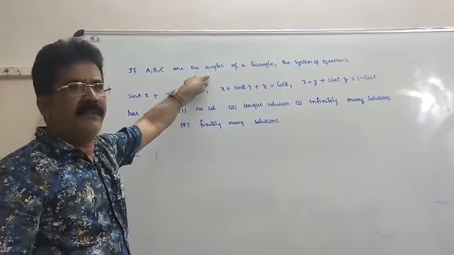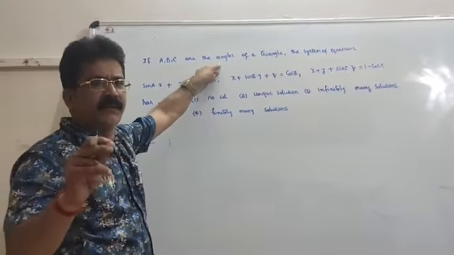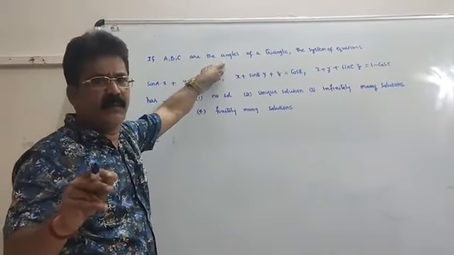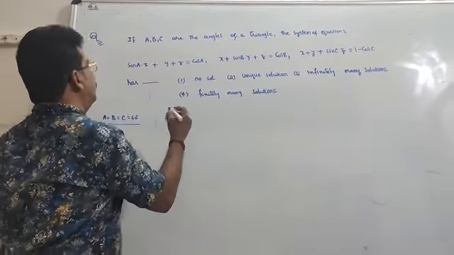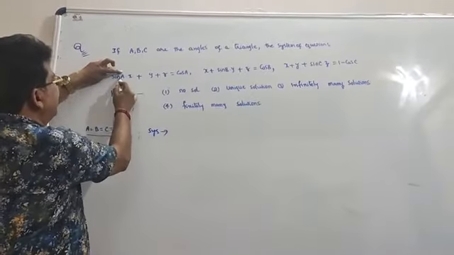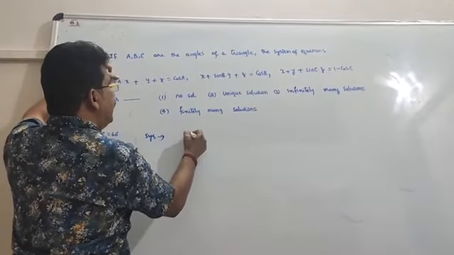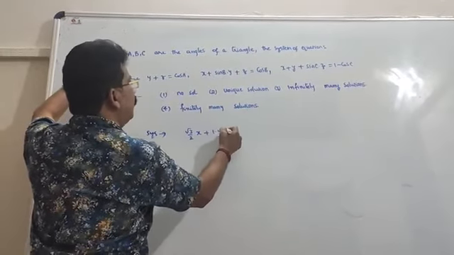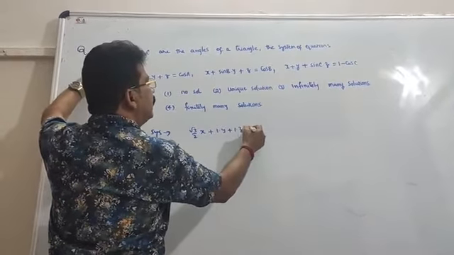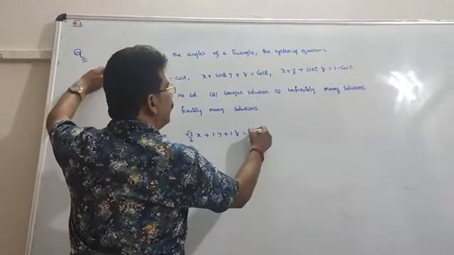Then the system becomes: sin 60, root 3 by 2, into x plus 1 into y plus 1 into z equals cos 60, 1 by 2.